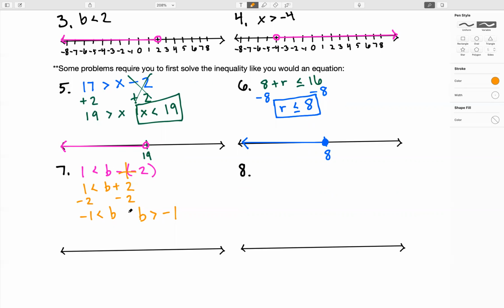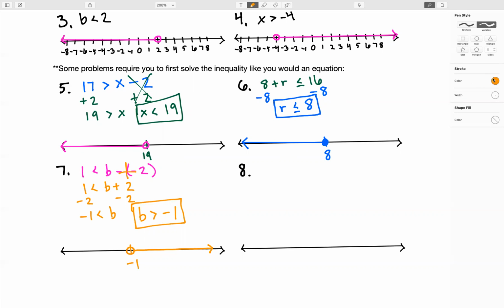So it has to be in that relationship. Now you can box it up. You can draw a -1 on the number line. And then because it's greater than -1, we're going to have an open circle. And then b is everything greater than -1, not including -1.